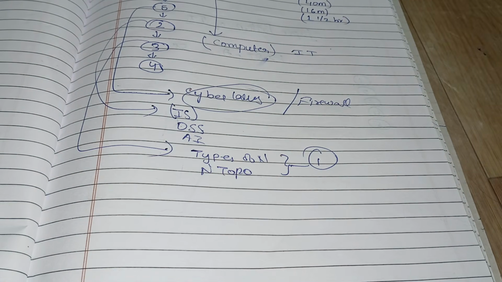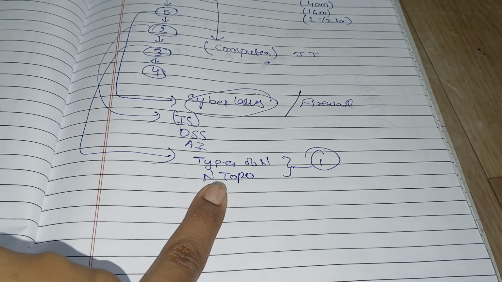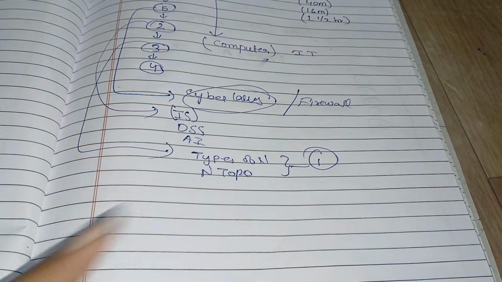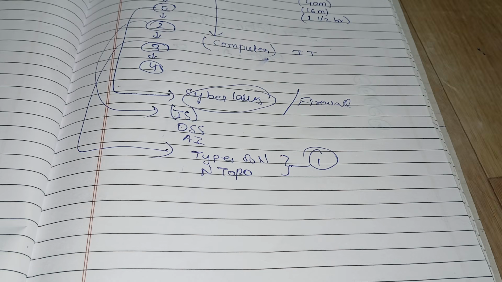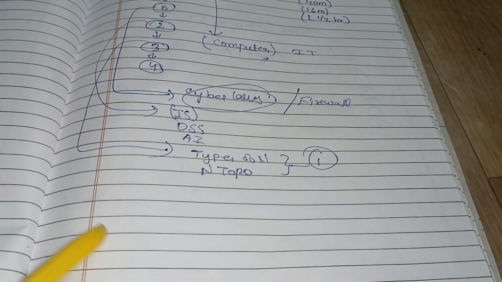This time there is a chance of getting either types of network or network topologies. Types of network means LAN, MAN, WAN, PAN, CAN and so on. Network topologies are bus topology, star topology, ring topology, mesh topology, hybrid topology. So these two concepts are very important from unit number 3.